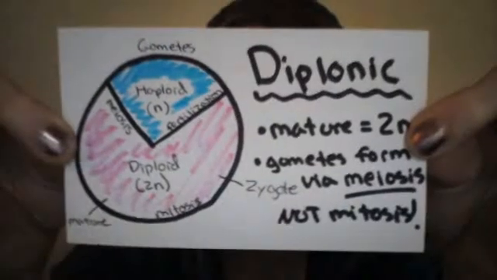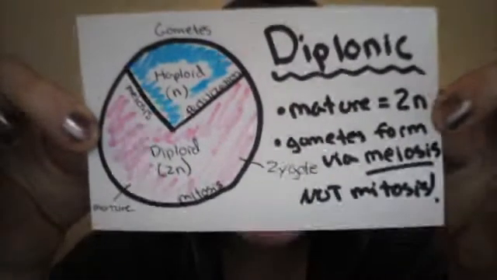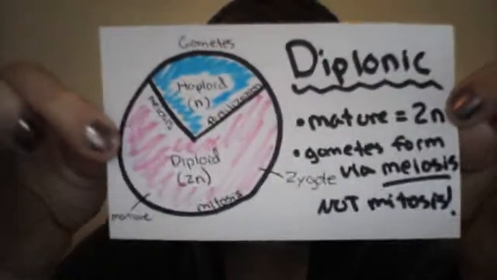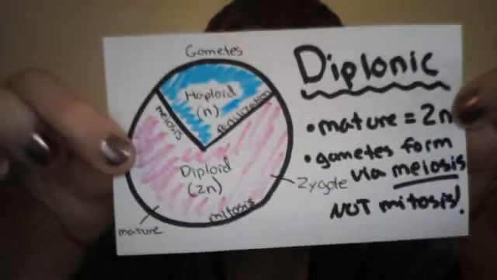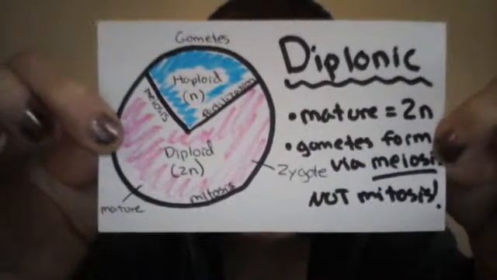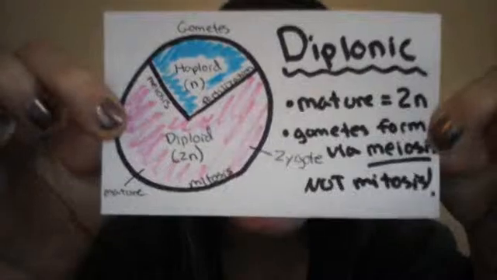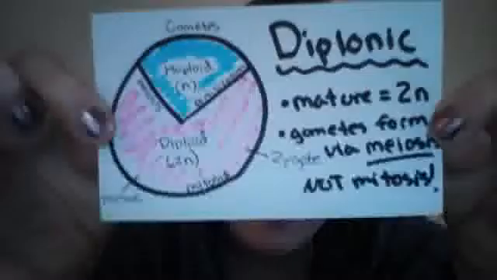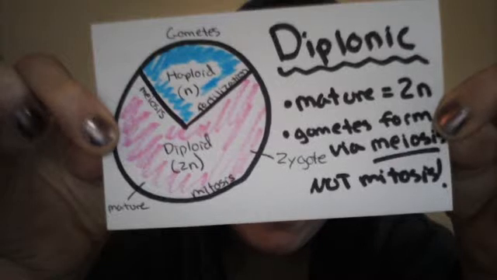So for diplonic, the mature animal is diploid. Gametes form via meiosis and not mitosis. And the zygote is also diploid, okay? Go ahead and pause if you need to. Alright.